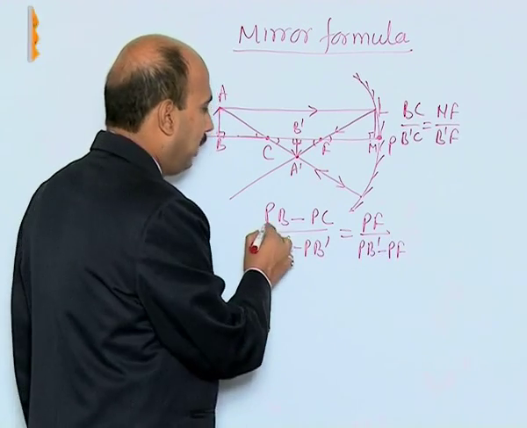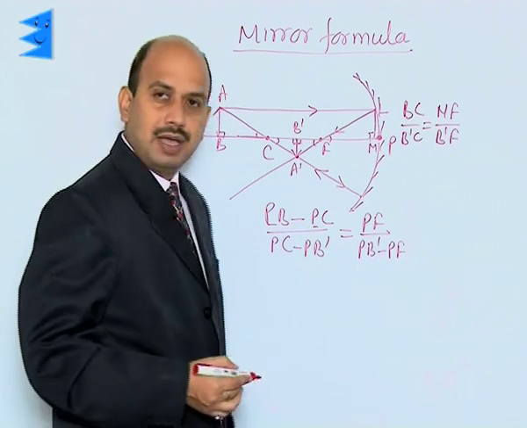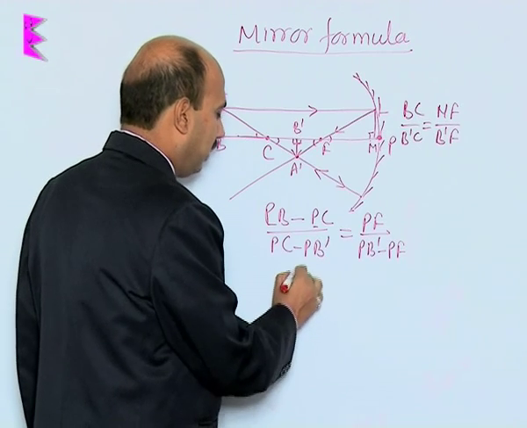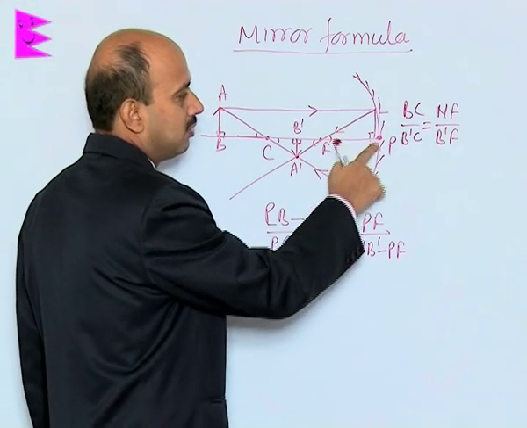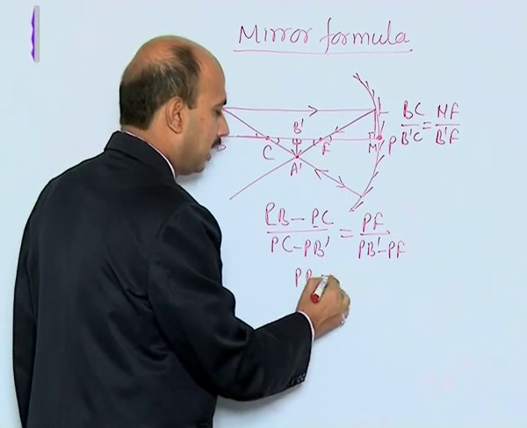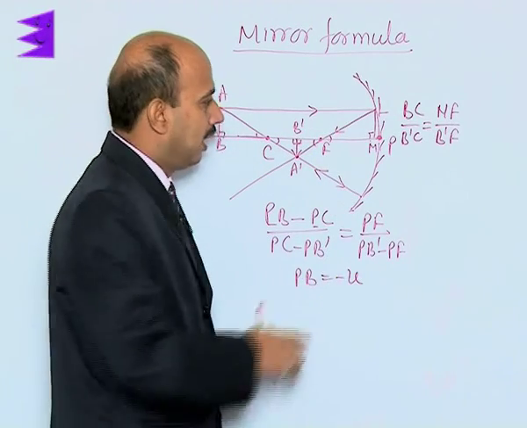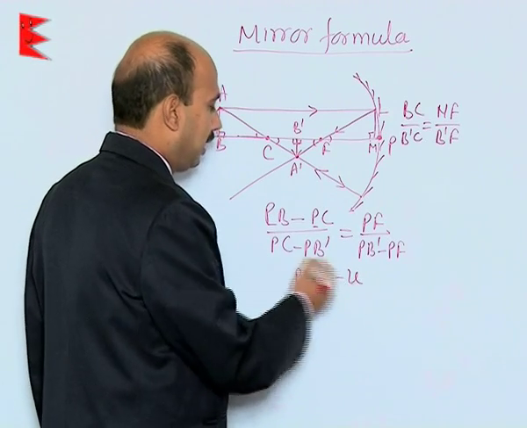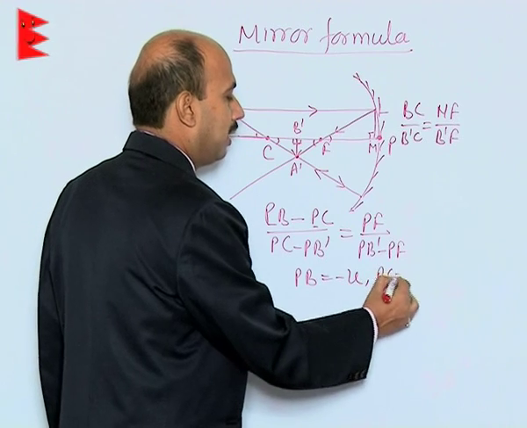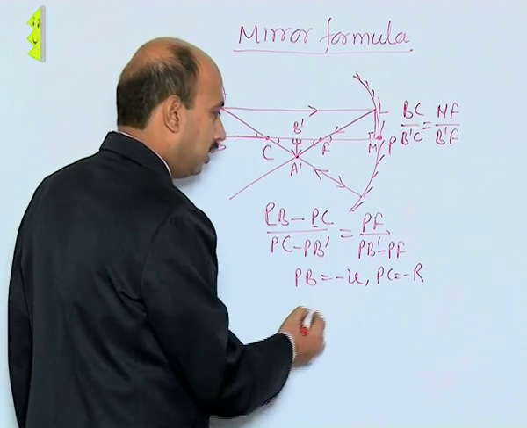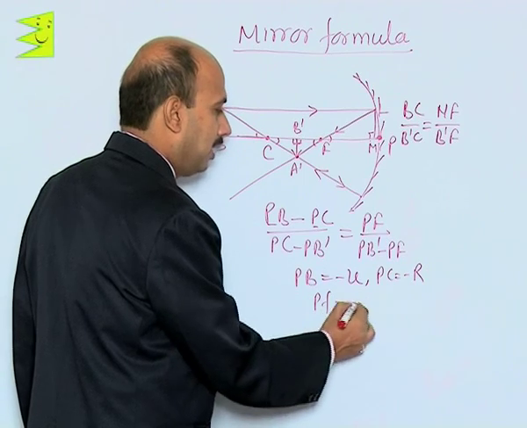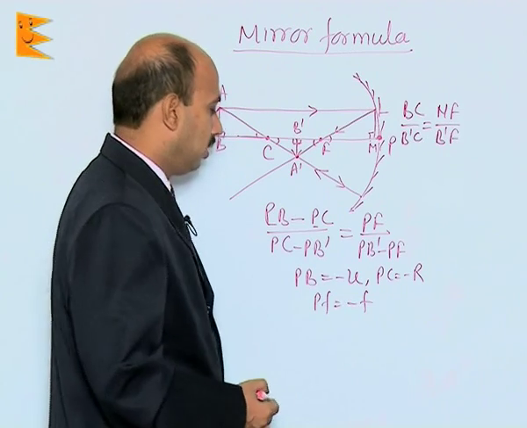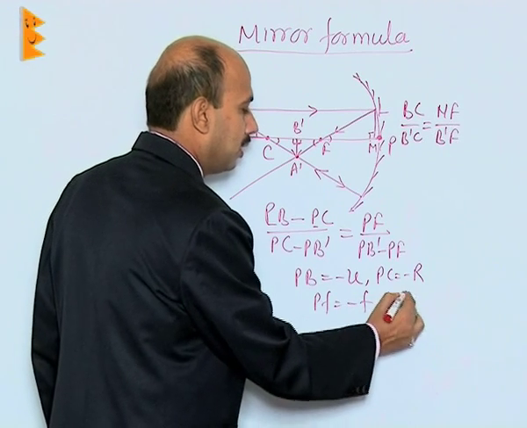Now see, PB, PC and PB dash all have some values or some significance. PB is the distance between the pole and the object, which can be written as minus u, because it is opposite to the incident ray. PC can be written as minus R, and PF can be written as minus f. These are the symbols used here, and PB dash can be written as minus v.